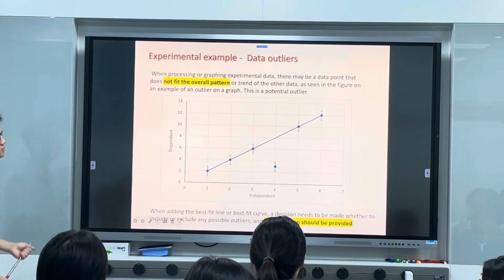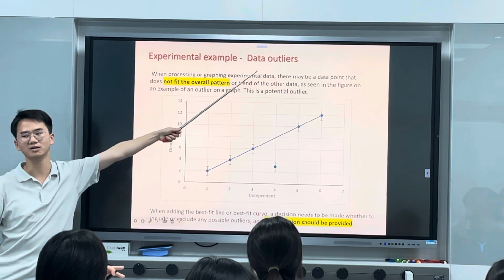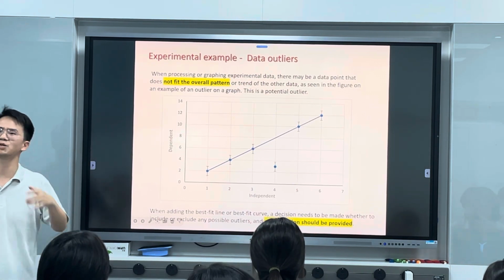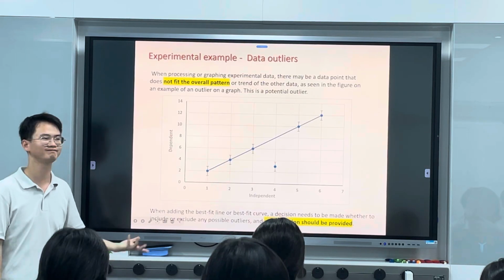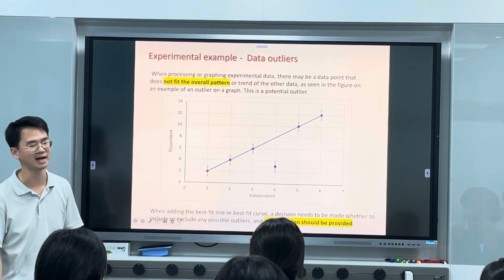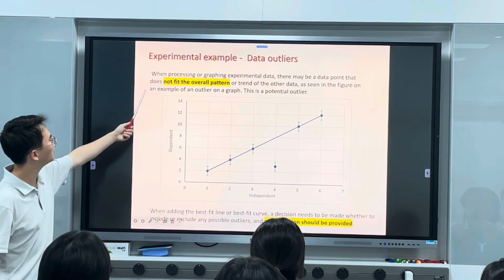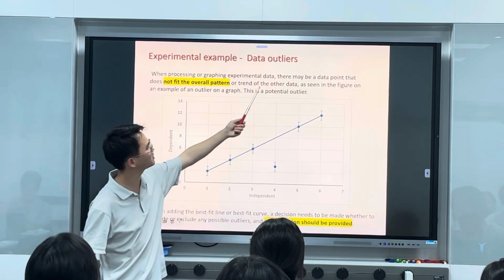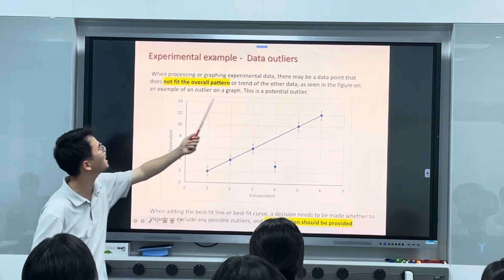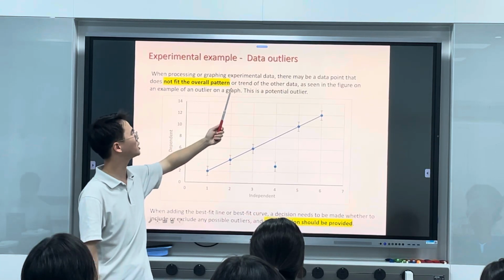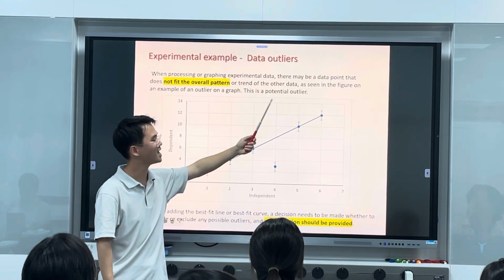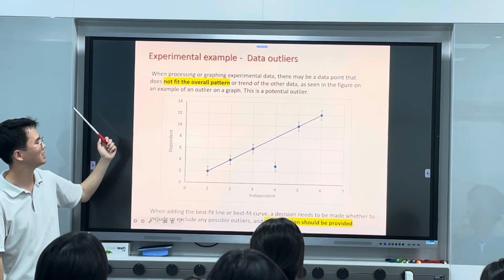All right. Now, data outliers. Sometimes when we collect data, we don't always get a clean pattern. What is a data outlier? When processing and graphing experimental data, there may be a data point that does not match the overall pattern or trend of the other data, and that could be called a data outlier.